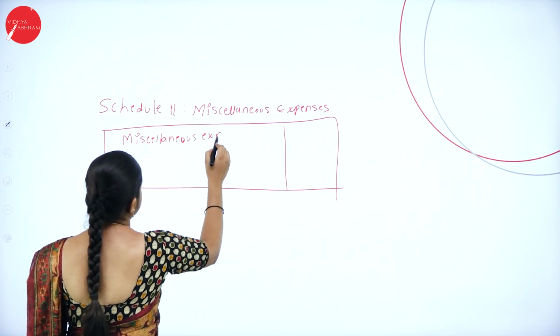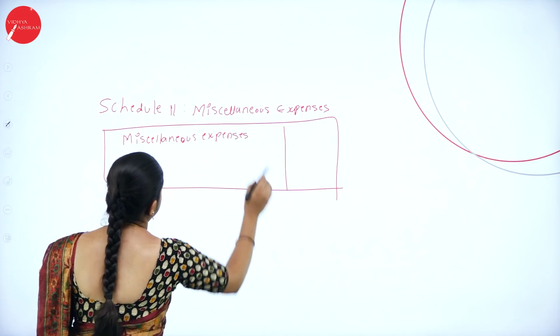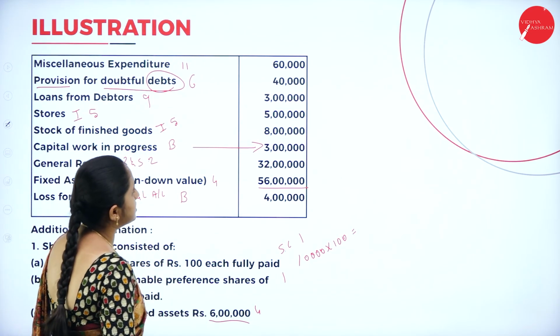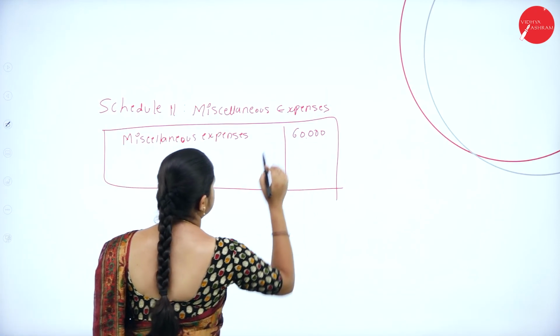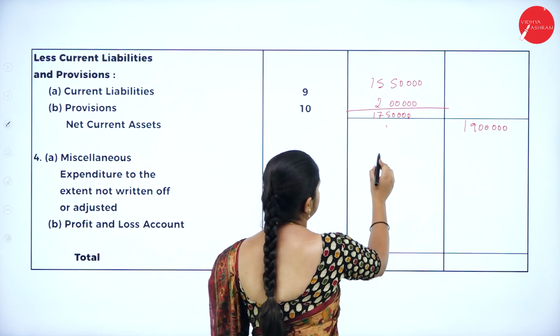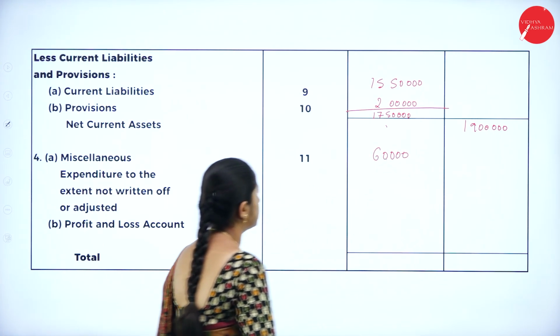Miscellaneous expenditure 60,000. Right, 60,000 for miscellaneous expenses.